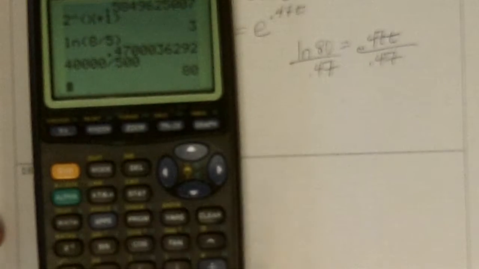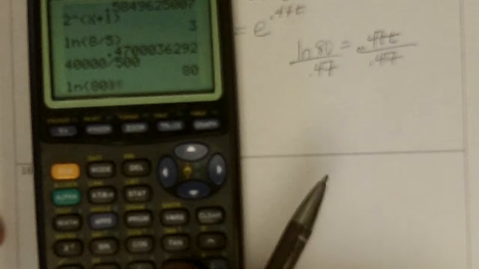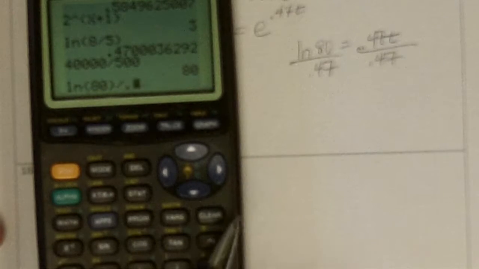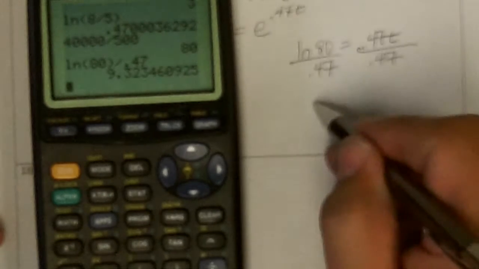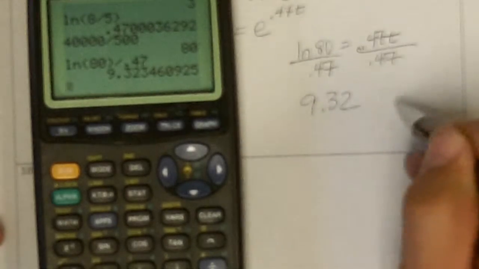So I have natural log of 80 divided by 0.47, and I get 9.32, what was this in hours?